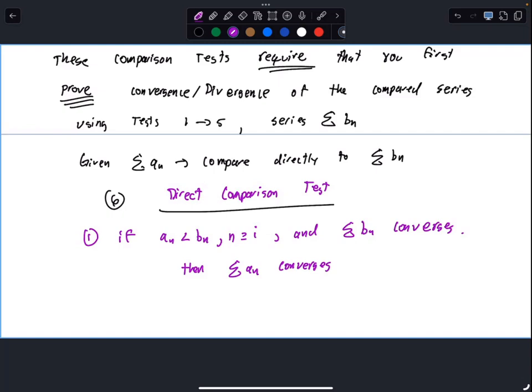Basically, you're saying for n equals 1, 2, 3, starting at 4, 5, 6, if every single term from a1 to an is less than b1 through bn, then I'm always less than something that converges, therefore I must converge. Kind of like the sandwich test that we had earlier on when doing the basic trig limit.